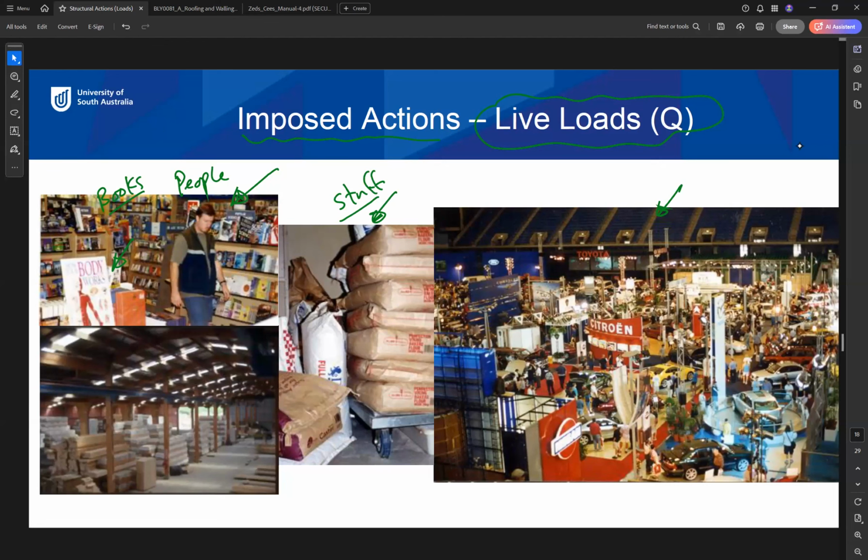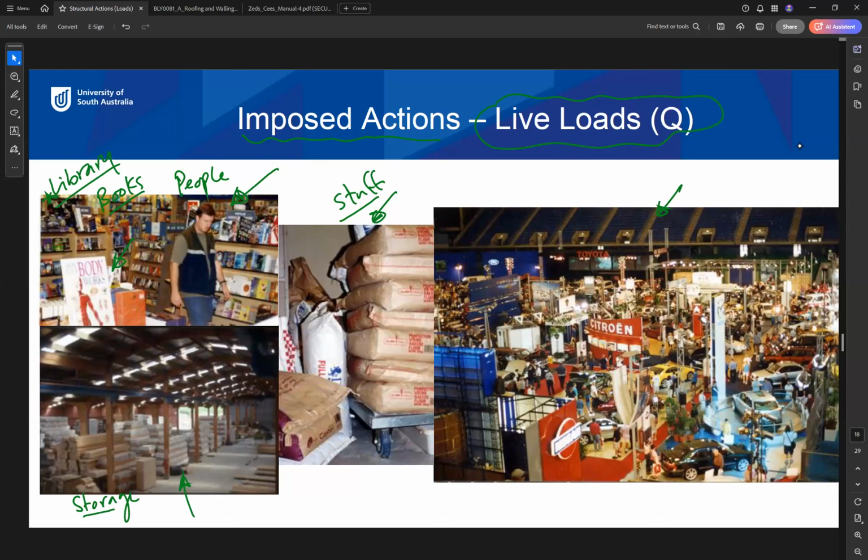So the weight of the books and the weight of people visiting the library is considered as live load. In a shopping center, the stuff in the shopping center can be considered as live load, or something like an event or this expo can be considered also as live load.